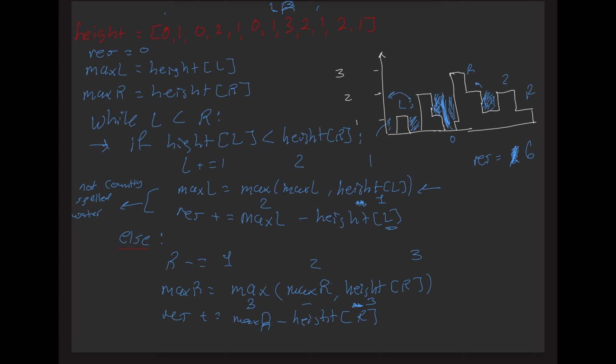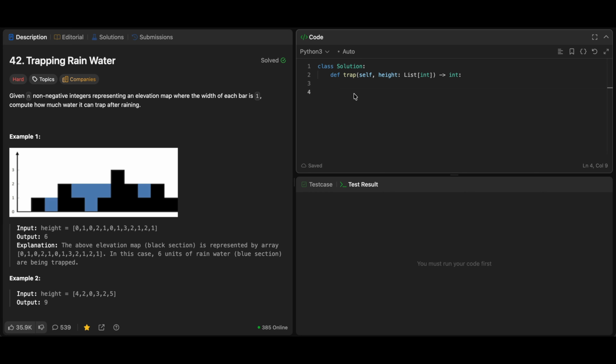And we're going to jump right to Leetcode and code this up, and hopefully it will make more sense once you see the code. So let's jump right to that. All right, so we're back here at Leetcode. Let's go ahead and start coding up the solution. So we're going to initialize our result variable to 0.